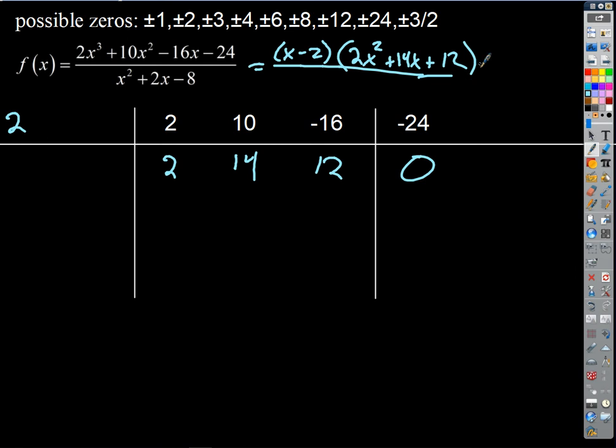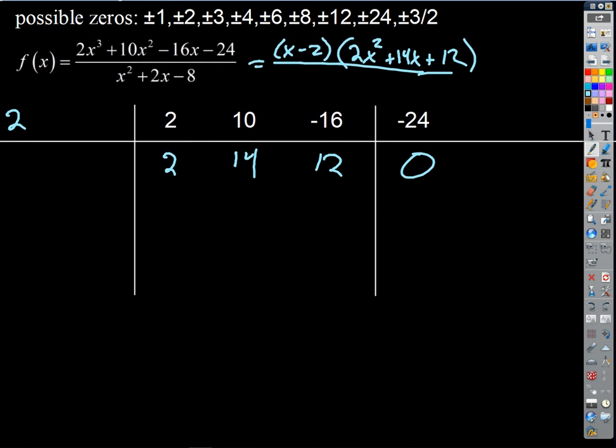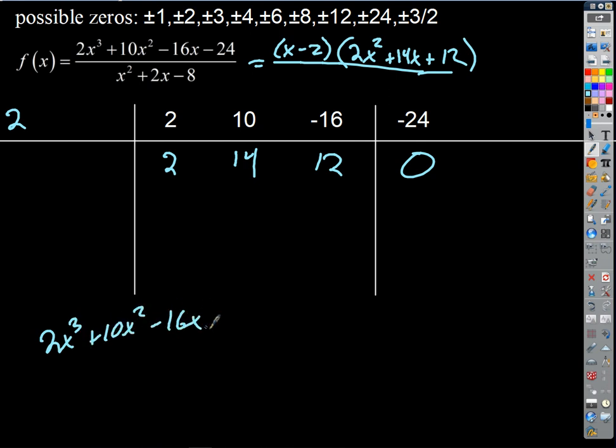You can always pull out a 2, so then we end up with x squared plus 7x plus 6. So the top, 2x cubed plus 10x squared minus 16x minus 24, equals 2 times x minus 2 times x squared plus 7x plus 6.